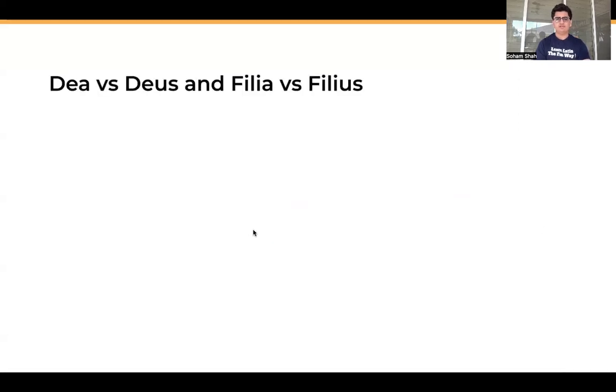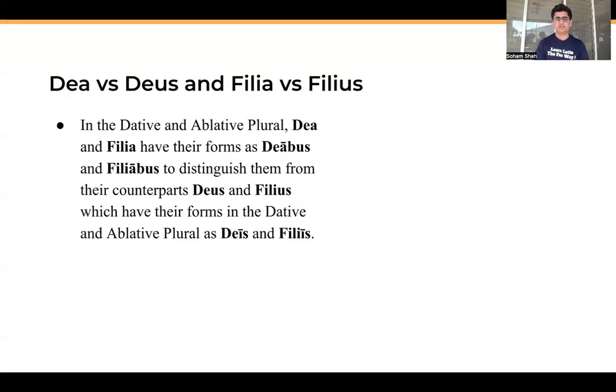Now let's talk about a little bit of a deeper subject. Dea versus deus and filia versus filius. So based on what we have learned, in the dative and ablative plural, dea and filia would be deis and filiis, because that's how the first declension is declined. However, their forms are actually deabus and filiabus. Why are these the forms?